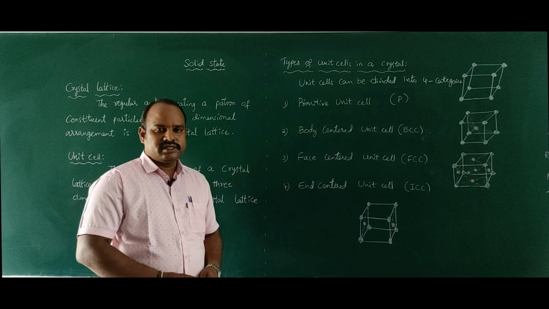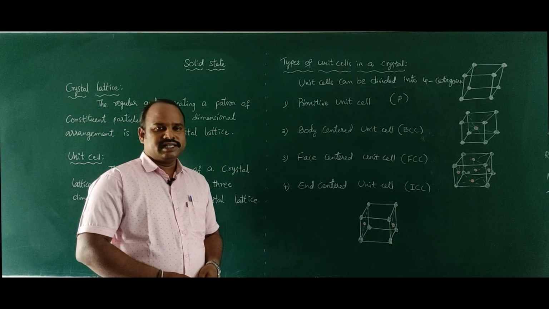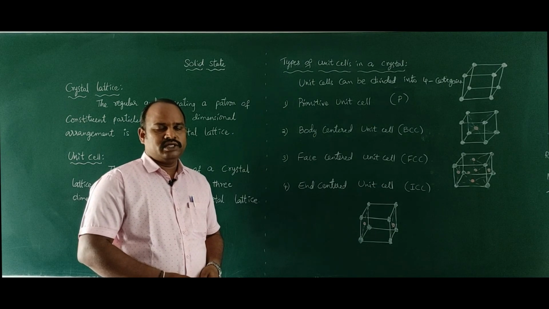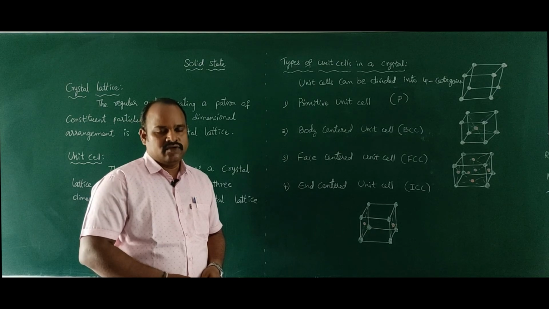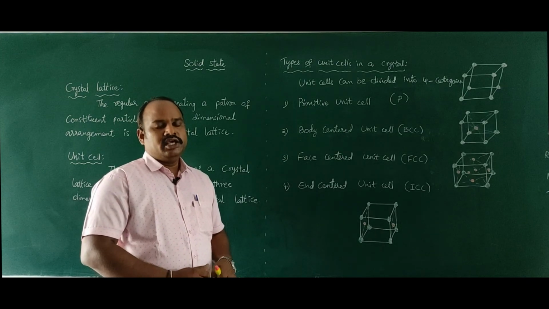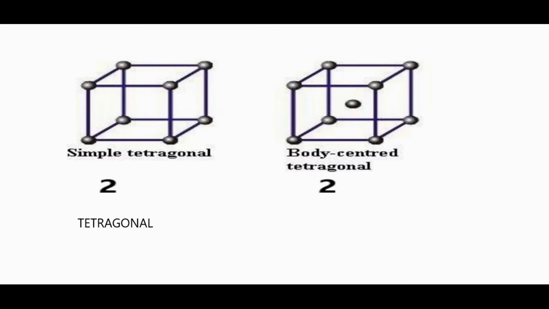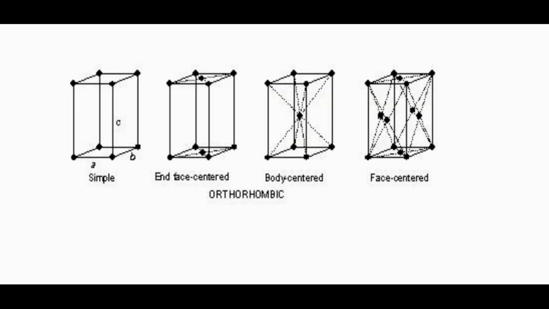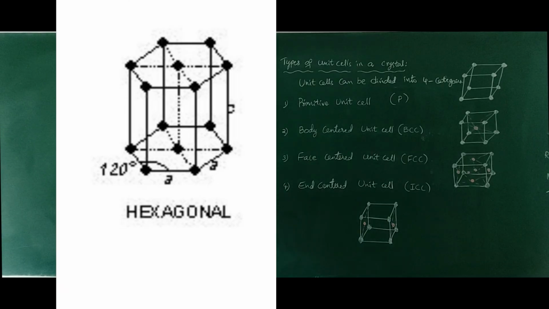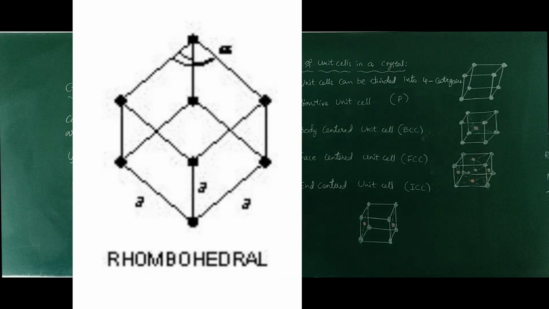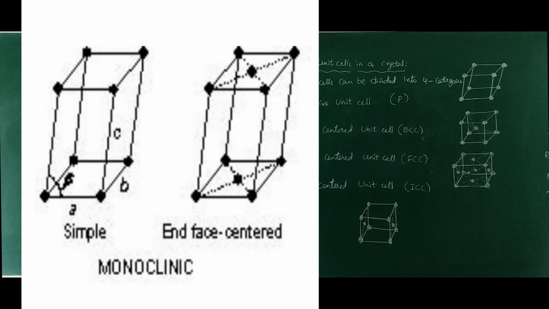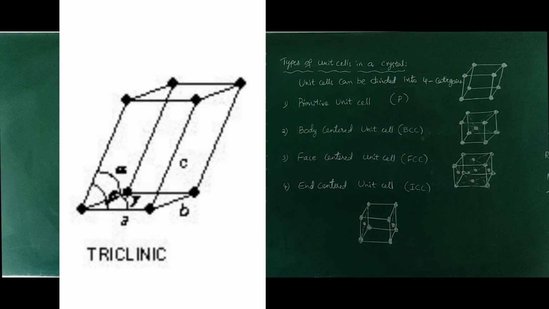Based on the 6 parameters, there are 7 primitive unit cells, which are named cubic, trigonal, orthorhombic, hexagonal, rhombohedral, monoclinic and triclinic.